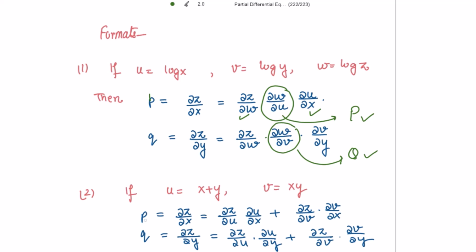Okay. If you consider your u and v as x plus y and xy, then you have to take p to be, we know that it is del z by del x, then this is equal to del z by del u, then del u by del x, plus del z by del v, then del v by del x. You have to consider both these variables in the partial derivatives. Similarly for q, it is del z by del y, so write this as del z by del u, then del u by del y multiplied, plus del z by del v, then del v by del y, which is multiplied.